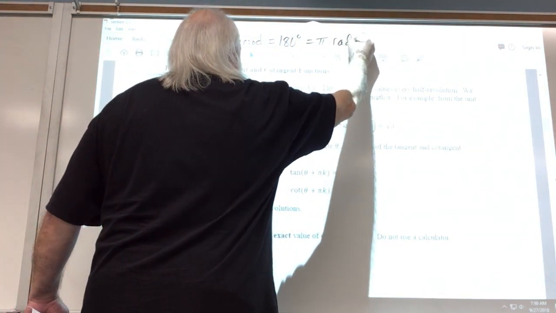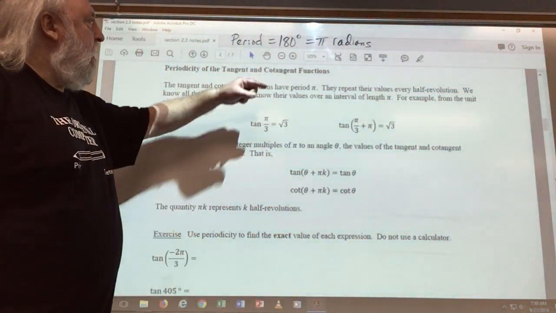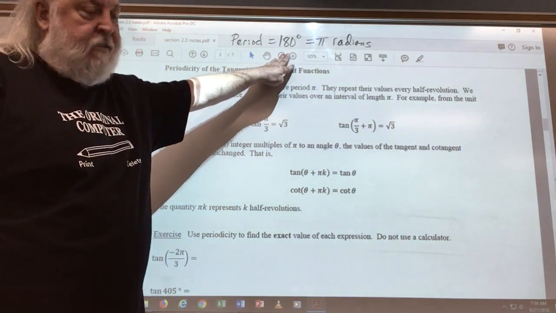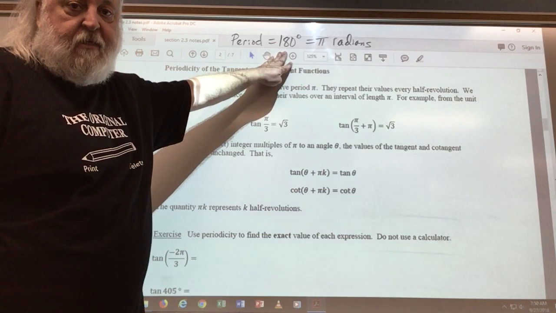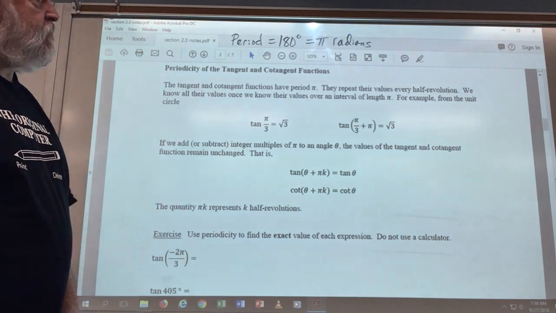to pi radians. So this says, okay, if I add or subtract 180 degrees to any angle in degrees, it doesn't change the value of the tangent function or the cotangent function.